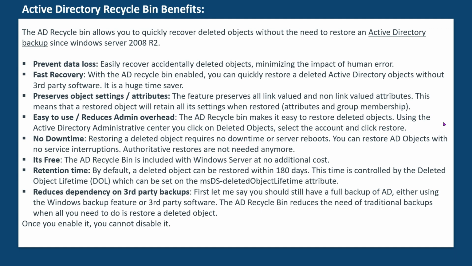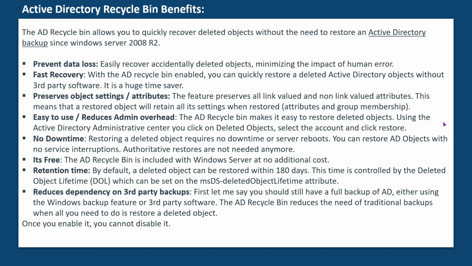So the AD restore mode password had to be used. Once you enter that mode, an authoritative restore has to be initiated, and that's how you restore it. It's a lot of complex process, with a lot of downtime involved in that older method.